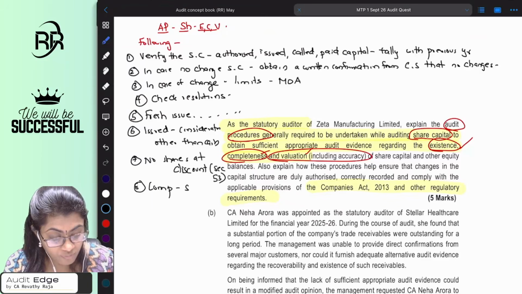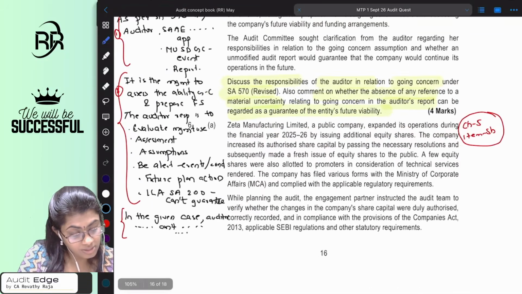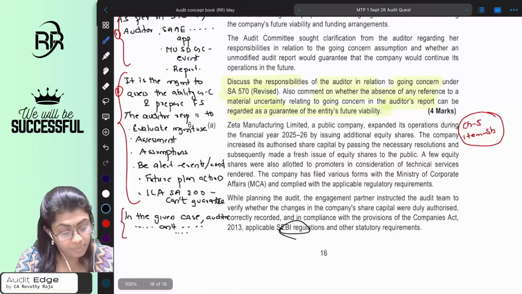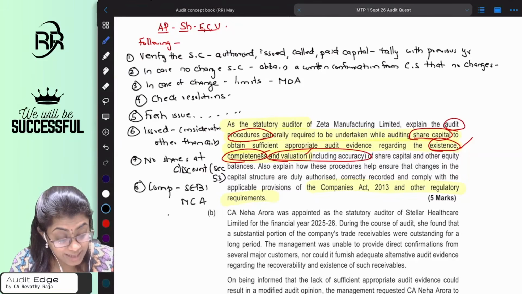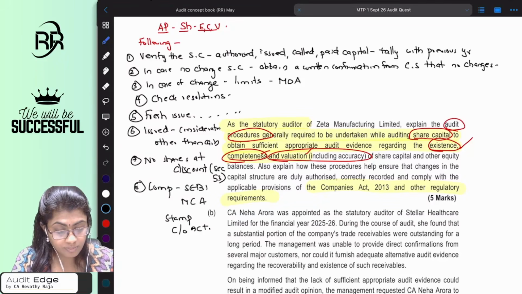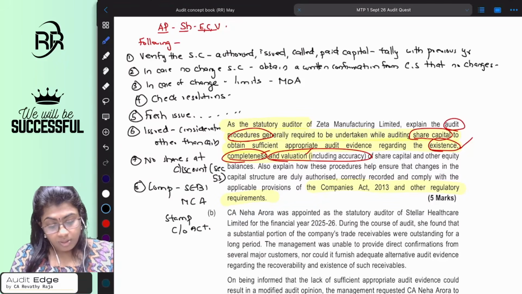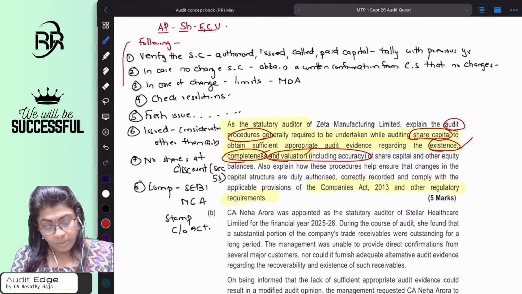Then compliance of SEBI regulations, Companies Act, MCA, stamp duty paid. So this should be the first part.